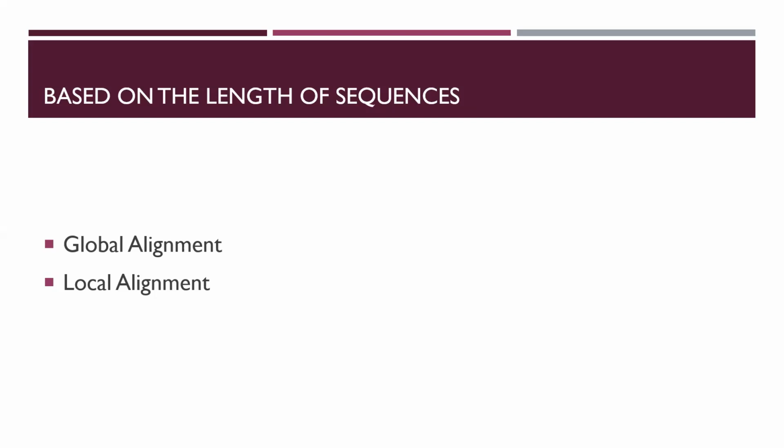The sequences involved in the alignment can be of different lengths, but you will try to look for the regions where there is strong similarity. Obviously, this kind of local alignment will be helpful when we are trying to find out the active sites of enzymes and genes. For such applications, local alignment of sequences is carried out. I hope you understood the point.